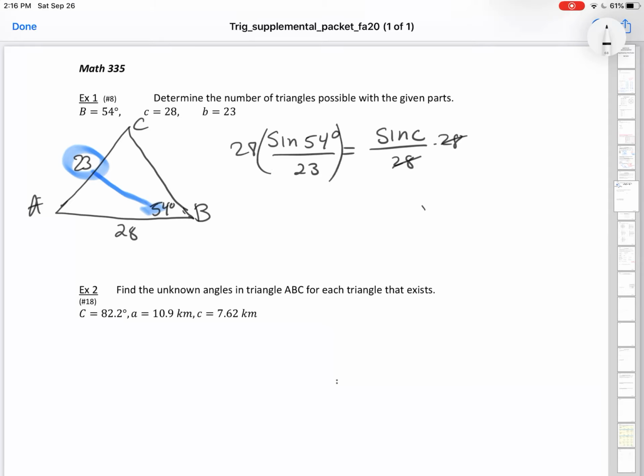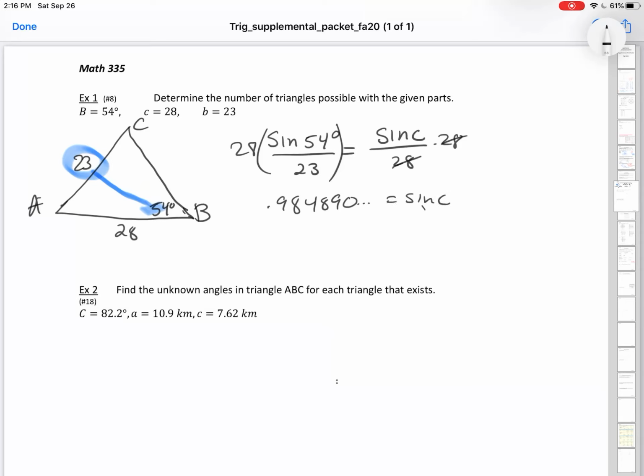You chose a major that loves math and loves algebra. So I have 28 times the sine of 54 divided by 23, and that is equal to 0.98480, and it keeps going, sine C.